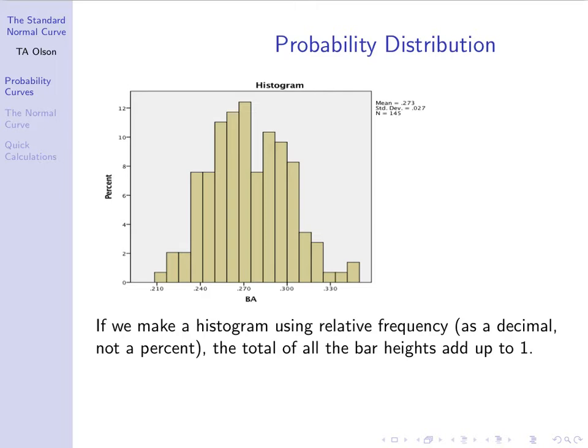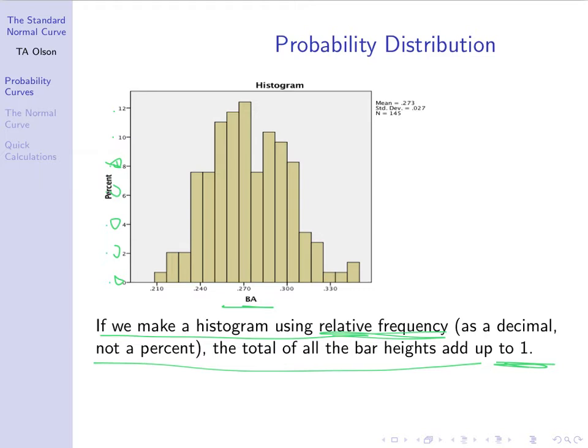So let's look at a histogram of, say, the batting average in 2016. If we look at it using the relative frequency, and a relative frequency is a decimal, so this is 0.00, 0.02, 0.04, 0.12, 0.10, 0.08, 0.06, etc. Then if we add up the heights of all of these bars, they all add up to 1.